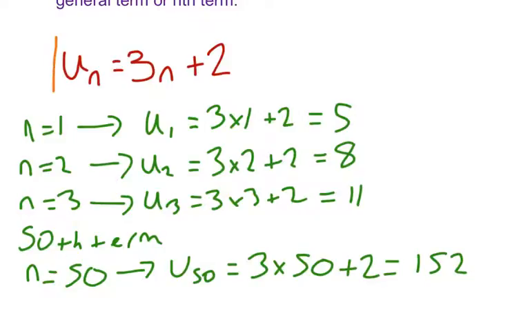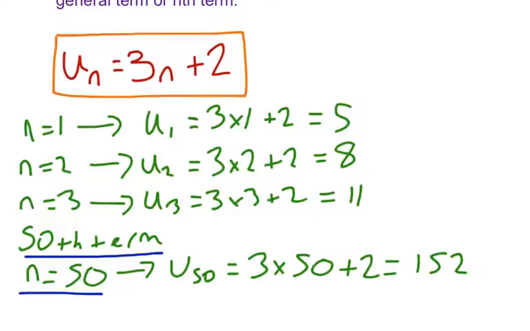So with a general term written like this, we can substitute any value for n to find the term in that position. For the 50th term, we substitute n equals 50 into our general term.